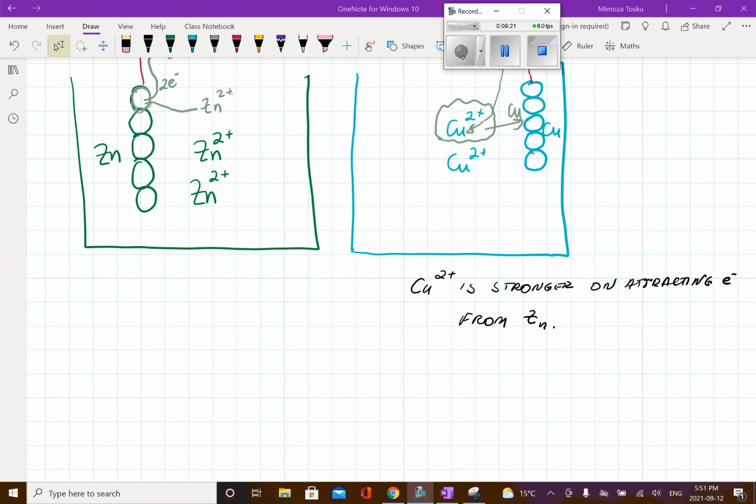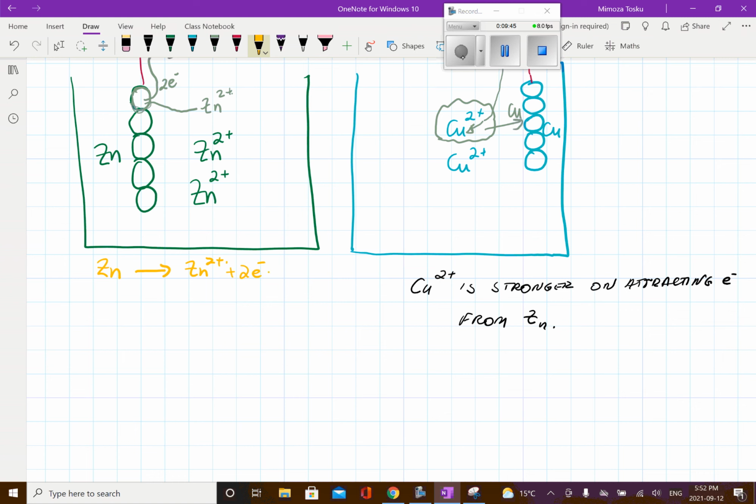So now the zinc atom, by giving those electrons and becoming a zinc ion, is losing electrons. So from zinc, it is losing electrons to become Zn2+ plus 2 electrons.